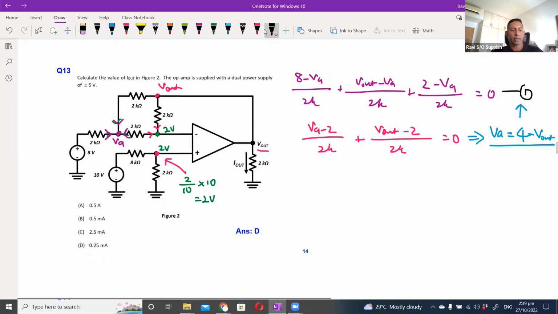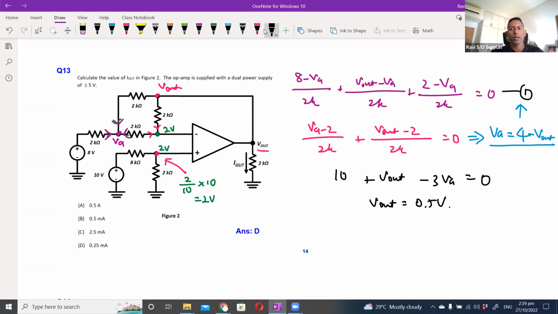When I do that, I will be able to simplify and say 10 plus V out minus 3 VA equals to 0. And eventually, when I solve, I'll get V out is 0.5 volt. So if V out is 0.5 volt, this voltage here is 0.5 volt. So the current flowing through, the I out, will be 0.5 over 2K, which will be 0.25 milliampere.